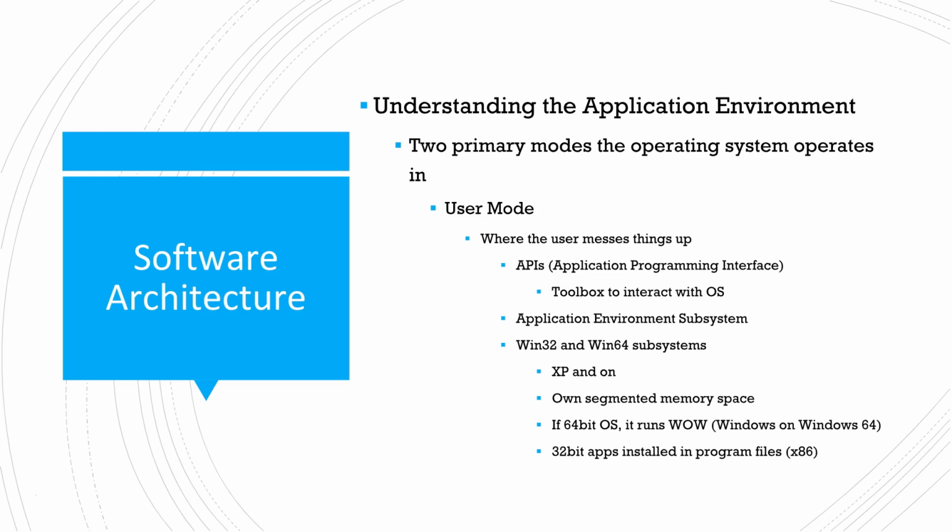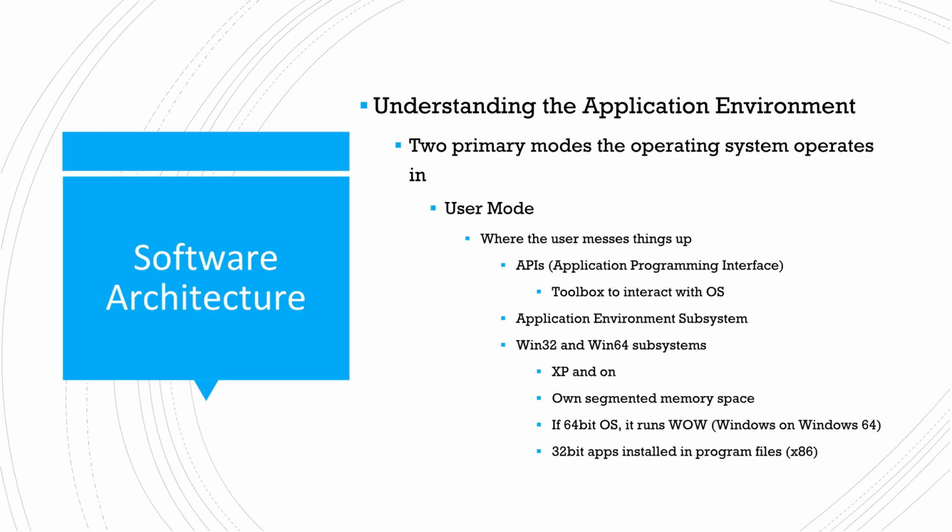Anyway, we also have some application environmental subsystems. Win32, Win64 subsystems, XP and on have used those. They get their own, so it's actually called a Win32 program or Win64, depending if it's 32-bit or 64-bit. It runs in its own segmented memory space. Again, this is all about security.